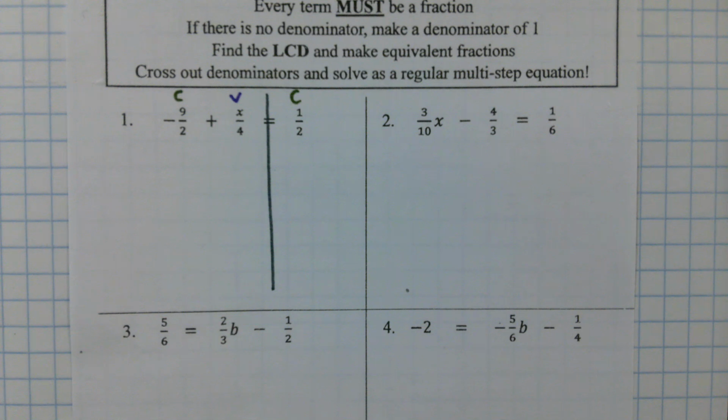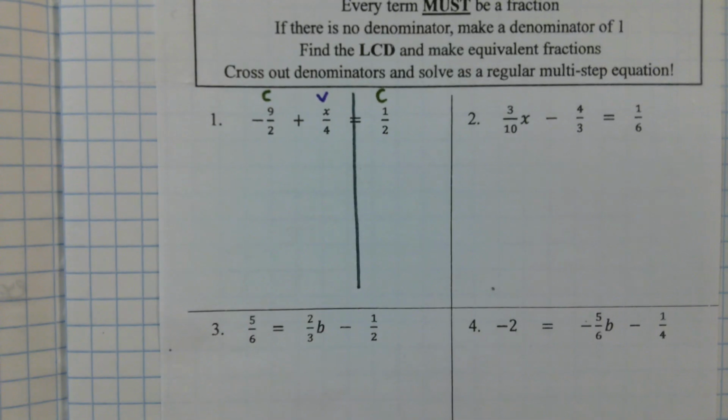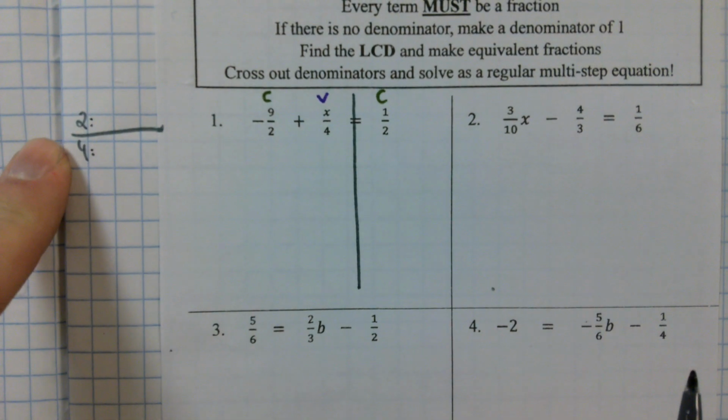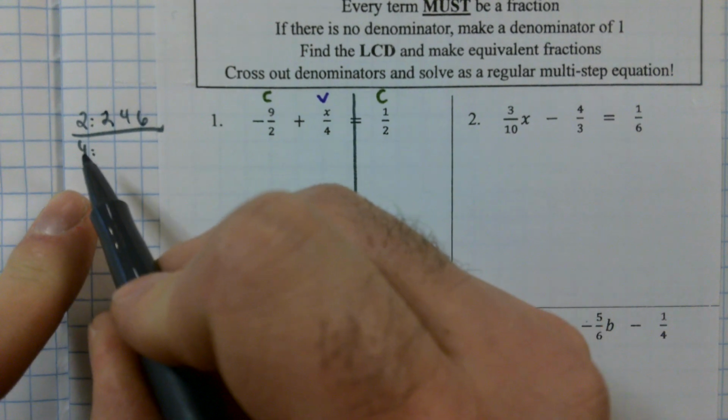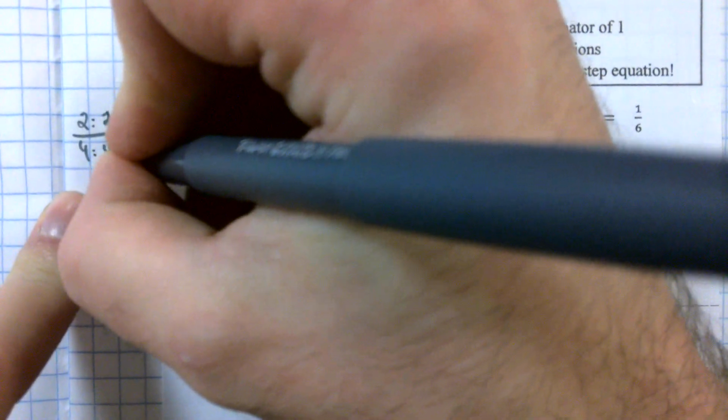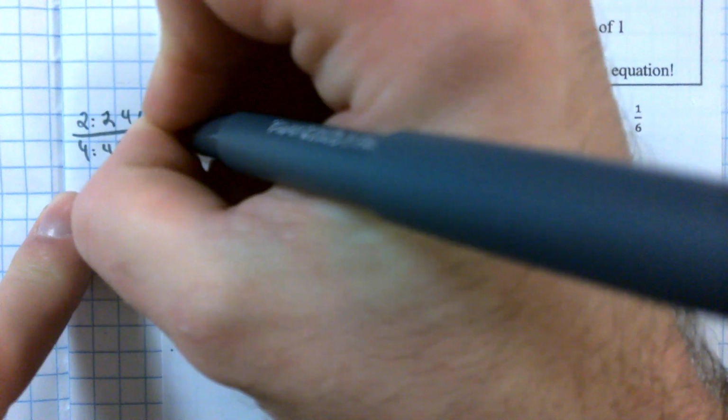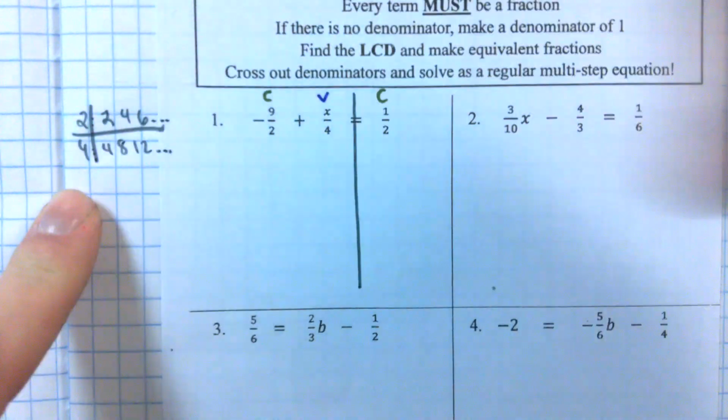Let's take a look at 2 and 4 for a second. I'm going to do it off to the side here. If I have 2 and I have 4, now we're going to write out my multiples. What are my multiples for 2? 2, 4, 6, 8, forever and so on. What about 4? 4, 8, 12, and so on.